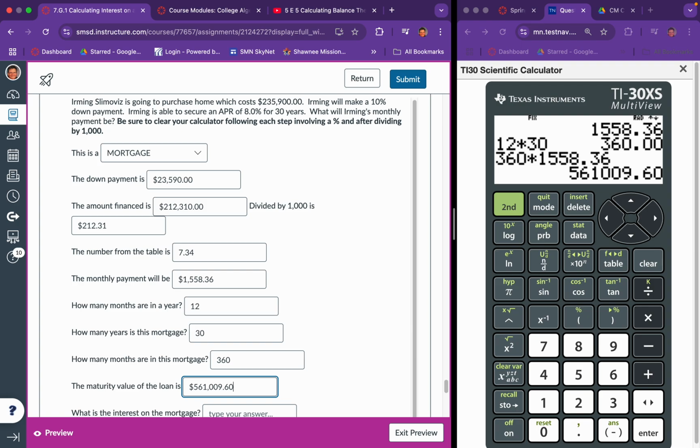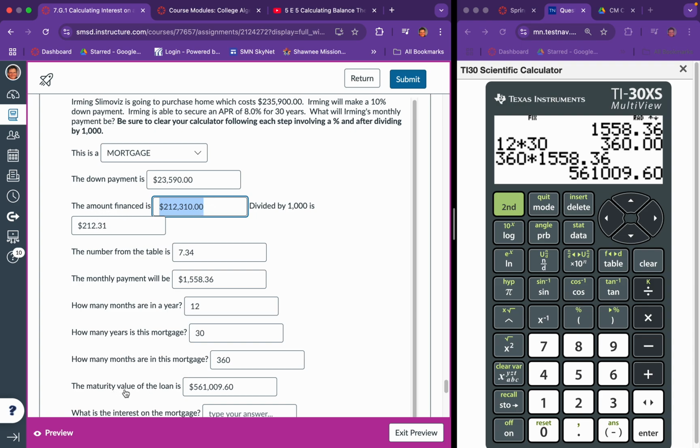But think about it this way. You borrowed $200,000 and you paid them back in 30 years' time. So you lived in the house and you had their money for a very long time. At any rate, we're now going to take this amount of money and subtract what we borrowed. A lot of people try to go back up into the question, into where it says the amount financed.